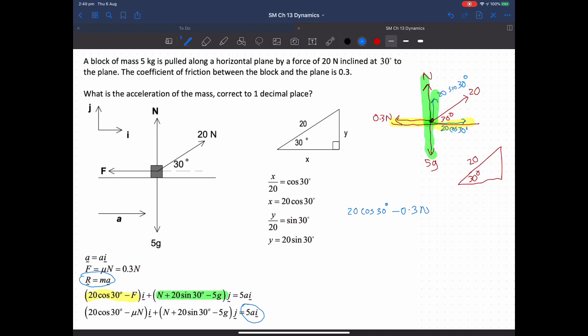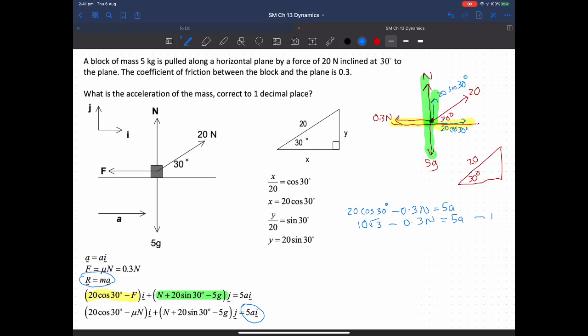The only i component over there is 5a. So, what do we know here? Cosine of 30 is root 3 on 2. So we've got 20 times root 3 on 2, which gives us 10 root 3 minus 0.3N equals 5a.